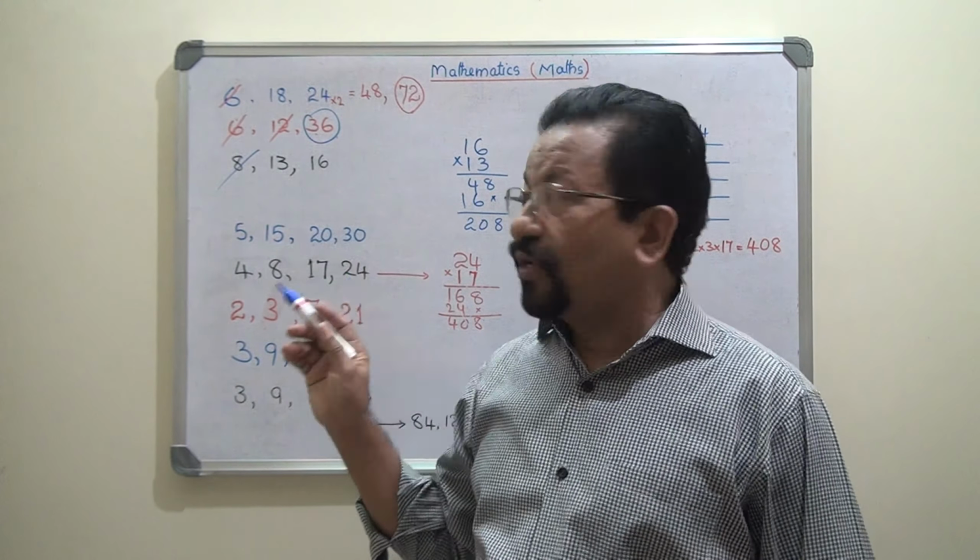The next multiple of 42 is 84, but 84 is still not a multiple of 9. So we go for the third multiple, 42 into 3, that is 126. 126 is definitely a multiple of 9, or 9 is a factor of 126. Therefore, 126 is the LCM of these 4 numbers.